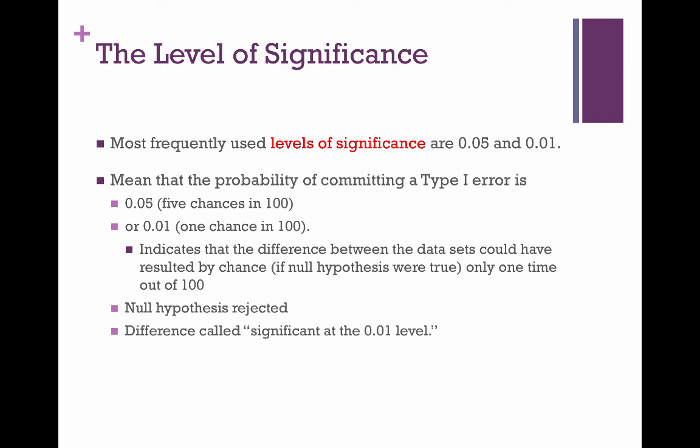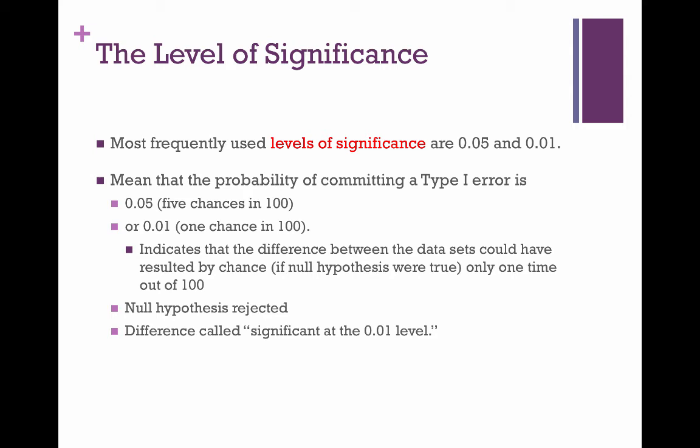The most frequently used levels of significance are 0.05 or 0.01, and you'll see this in your papers. It means the probability of committing a type 1 error is 0.05, or 5 chances out of 100, or even stronger, 0.01, 1 chance out of 100 of committing a type 1 error.